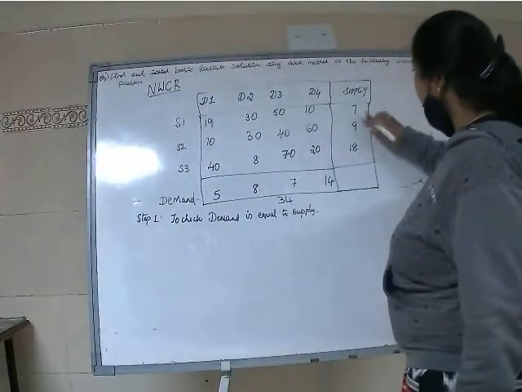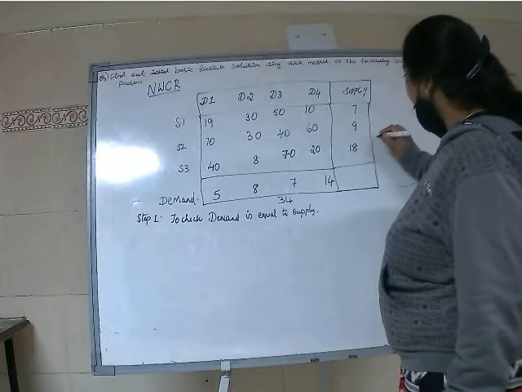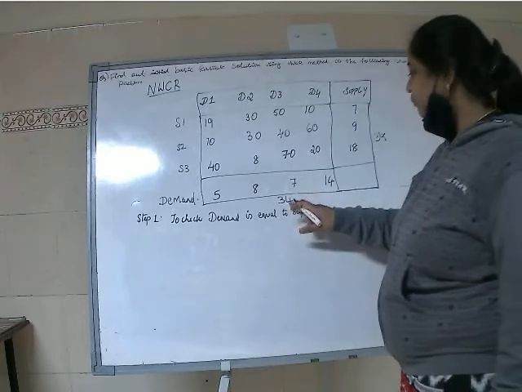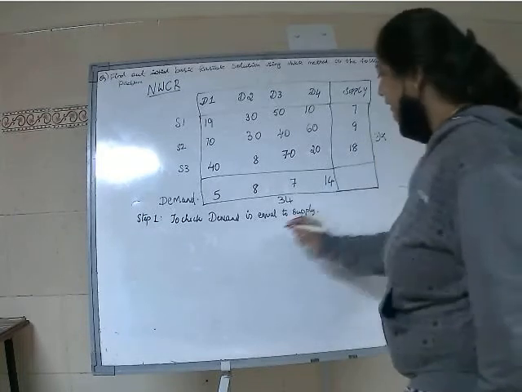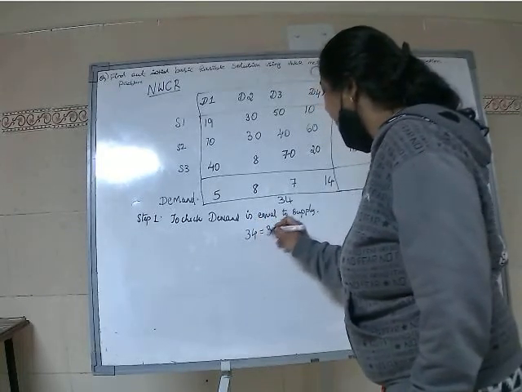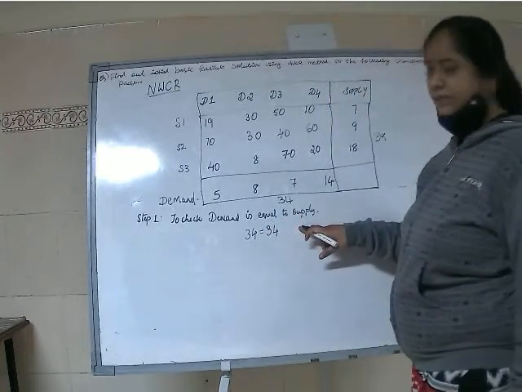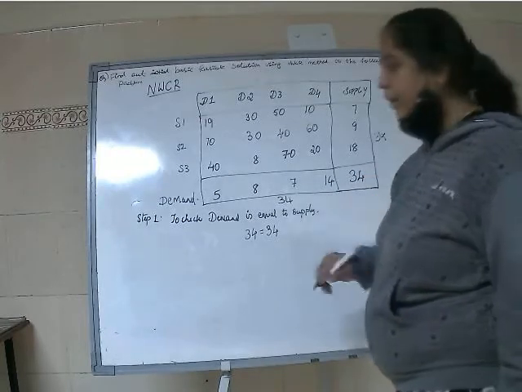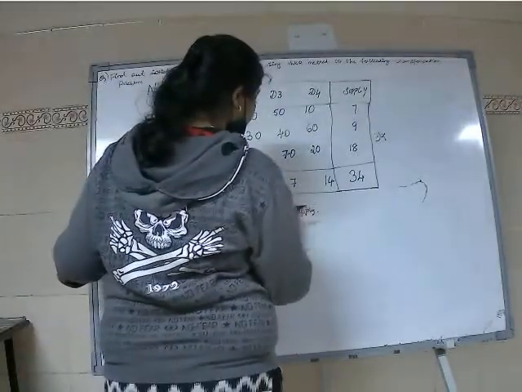Then next, in a similar way I need to add these three values. So again it becomes 34. So here when we see both demand and supply are equal, that is 34 is equal to 34. So the step 1 condition is satisfied. Now I write here 34. So this is how the first step we have calculated.